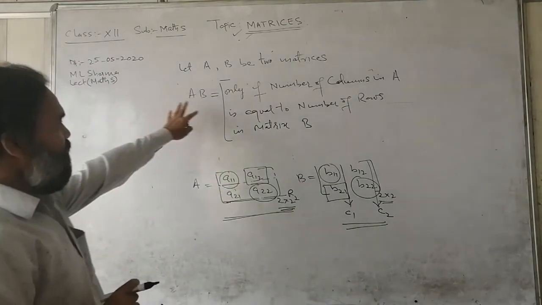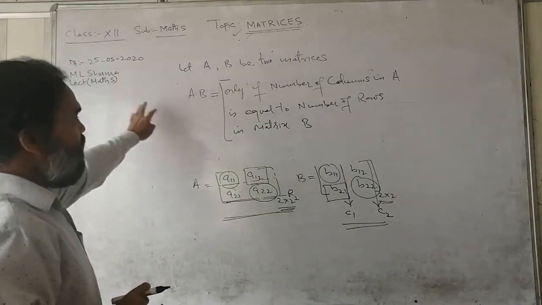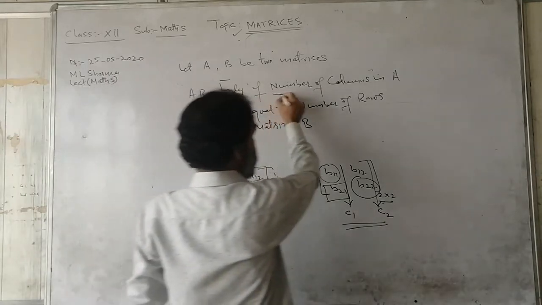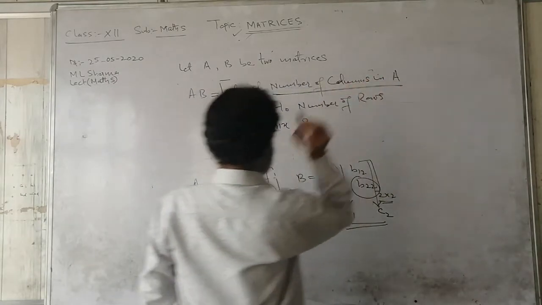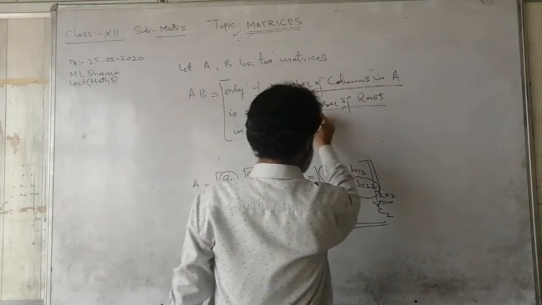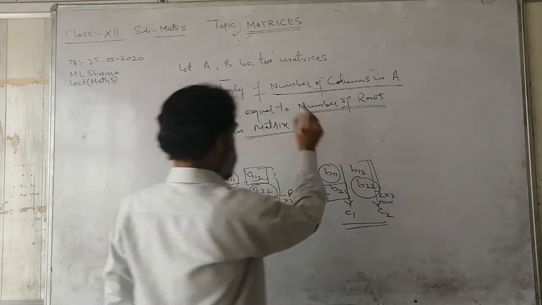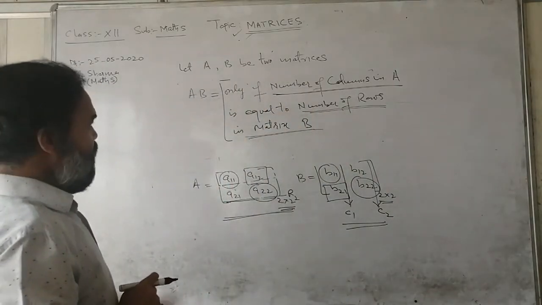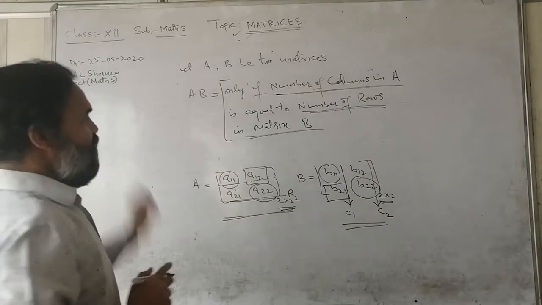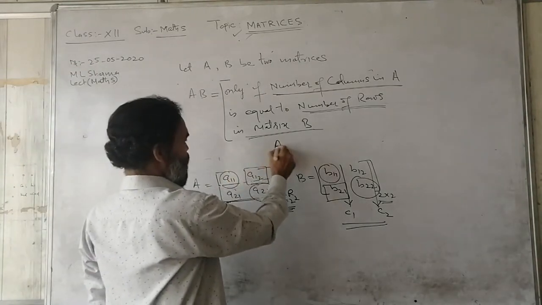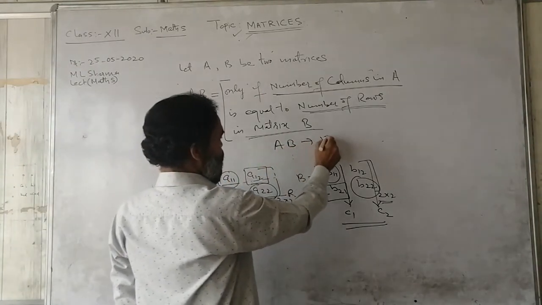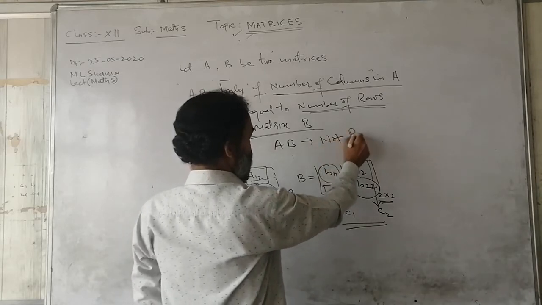We can multiply the two matrices only if the number of columns in A equals the number of rows in matrix B. Otherwise, if this condition is not satisfied, we cannot multiply AB. This is not possible.